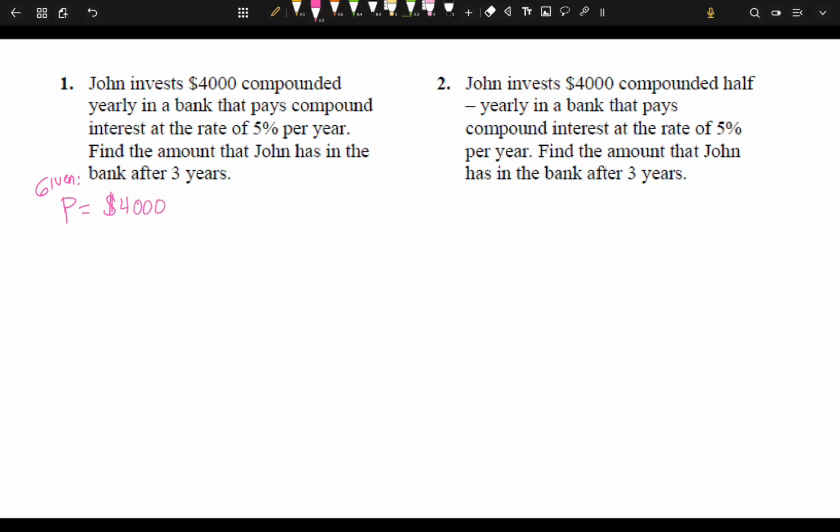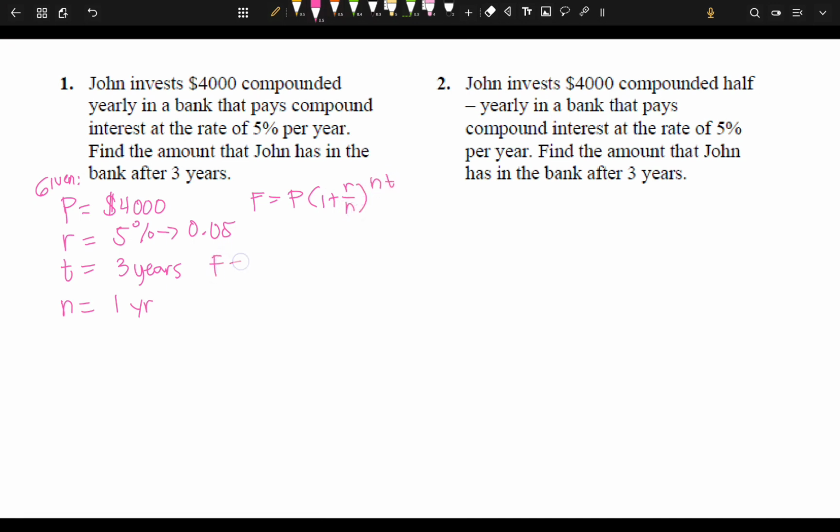Tapos, meron tayong interest rate. Interest rate natin is 5% or kaya man 0.05. We have the time, which is 3 years. And we have N, which is compounded yearly, so that is annually. So 1 year. Applying the formula, we have the formula F is equal sa P times 1 plus R over N raised to NT.